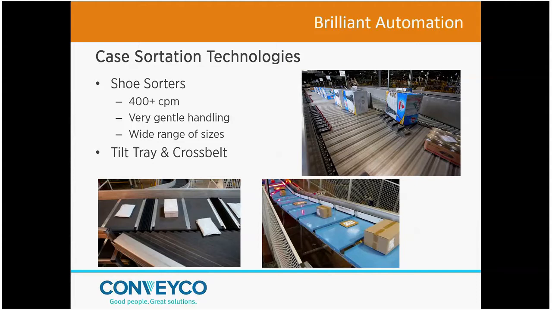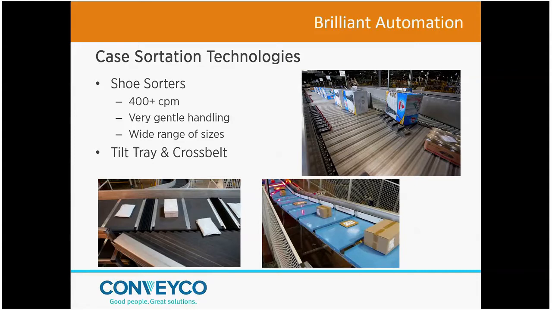The other type of high-speed sorters are tilt tray and cross belts. They essentially operate similarly. They both operate at about the same speed, 100 to 150 cartons per minute, but they can handle a very wide range of product. They can handle individual polybags.